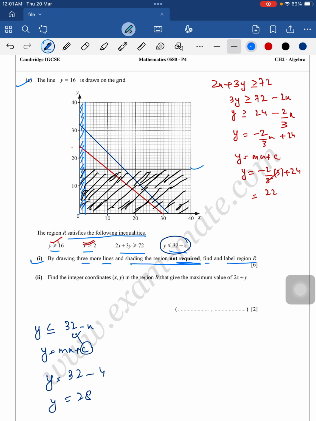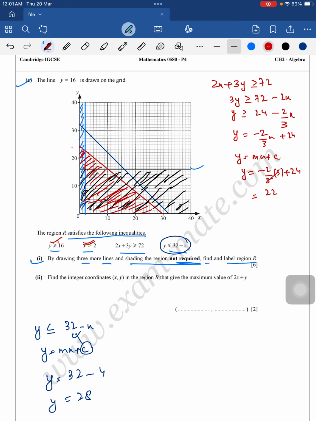2x plus 3y is greater than or equal to 72. So greater than will be on the upper region, so we will be shading the lower region. Last is y is less than or equal to 32 minus x.